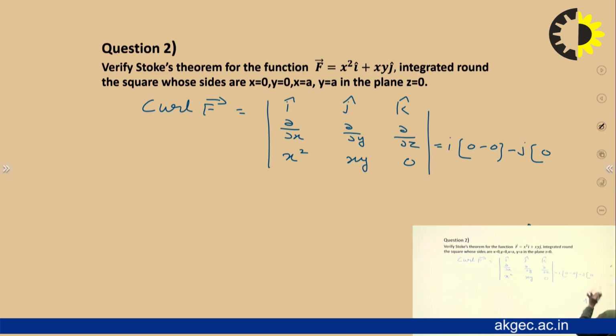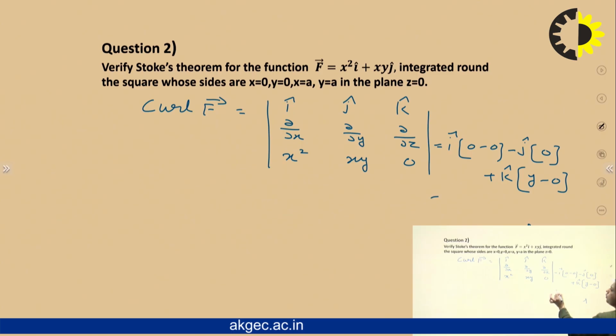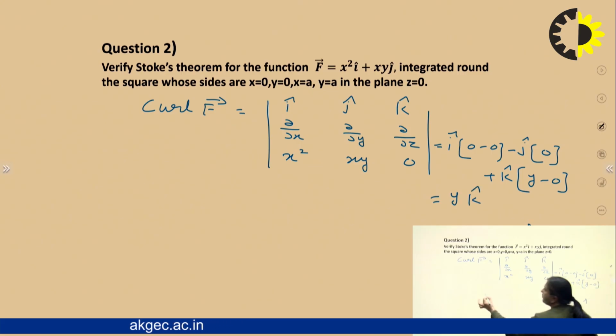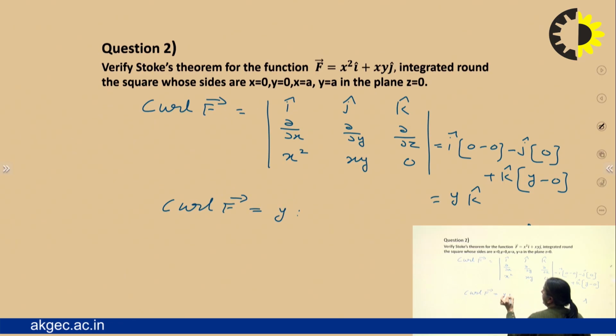So this term will also become 0, plus k cap. The derivative of xy with respect to x will be y and the derivative of x square with respect to y will be 0. So we got only the term y k cap. So the curl of f vector in this question becomes y k cap.